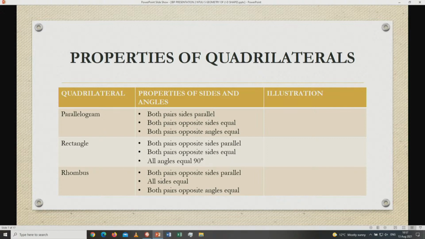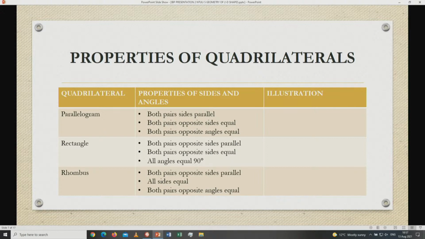Right, guys, these properties are very important. When you understand them now in grade 7, let me just share with you a small tip. Very important.